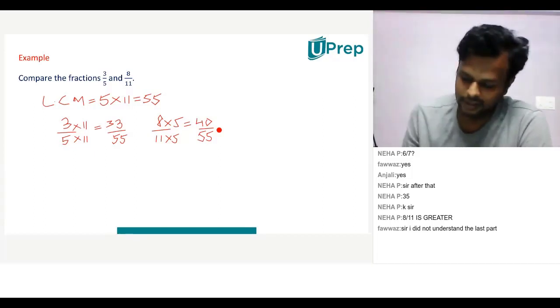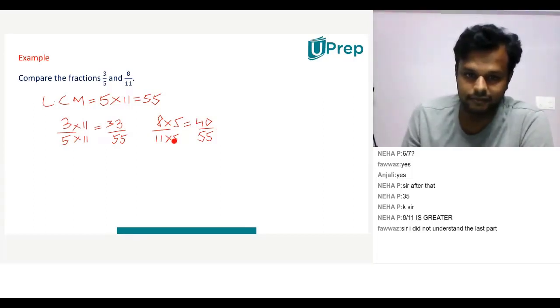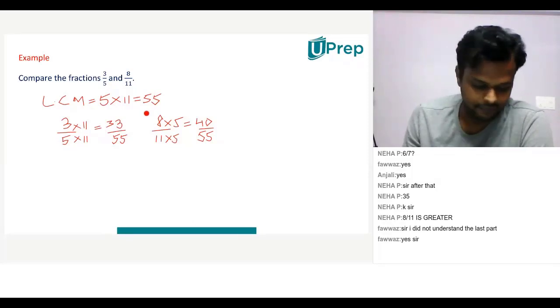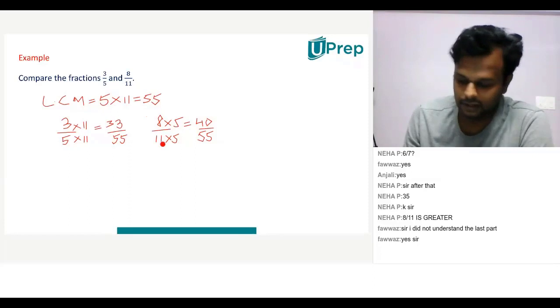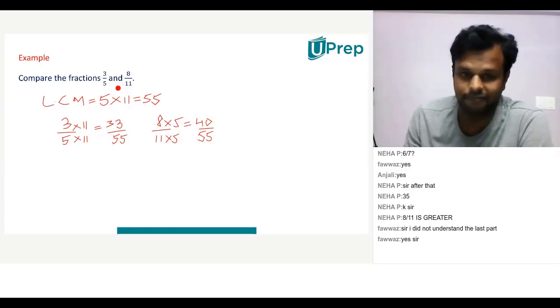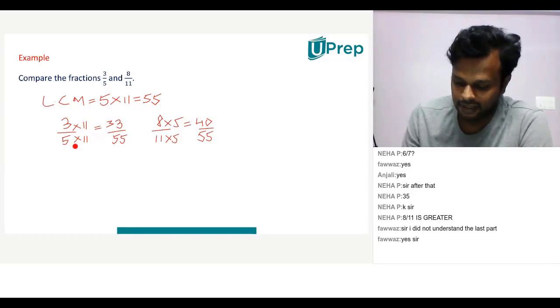Which part you didn't understand? This part? Okay, so here if you see why we are taking the LCM is so that we can make these two as like fractions. That is our main objective. Now when the LCM is 55, in this case what I did, I multiplied the numerator and denominator with 11.